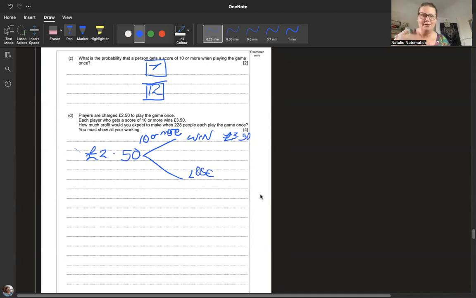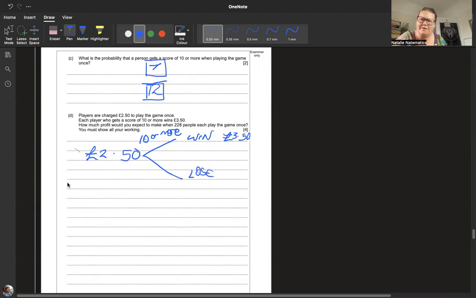When people come up with games like this, they balance off how much chance to give people to win. We don't want everyone to win, but we need enough to win to make it appealing to play. So it says, how much profit would you expect to make when 228 people play the game once?